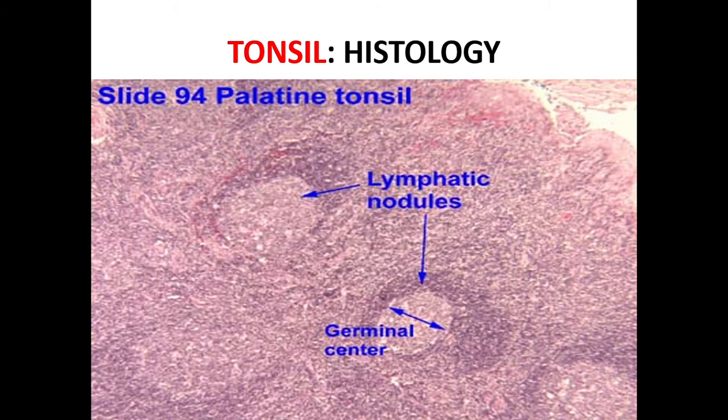Here is the microscopic appearance of the palatine tonsil. It has the same appearance as the other lymphoid structures and organs: the same lymphatic nodule with a darker area and a lighter center we call the germinal center.